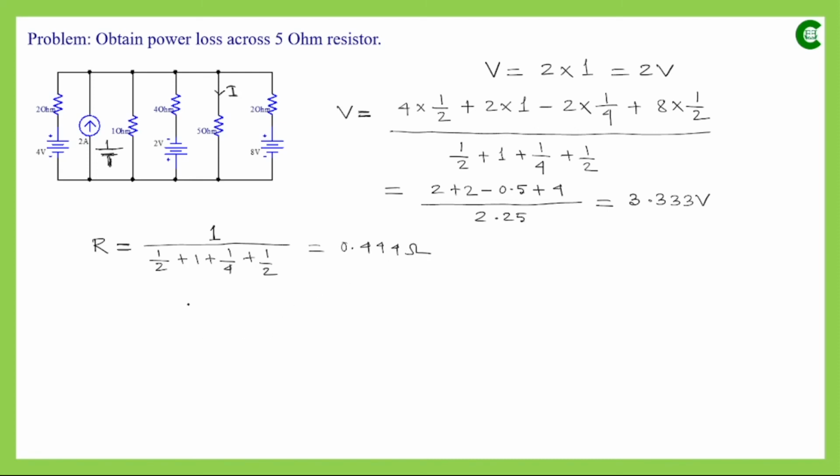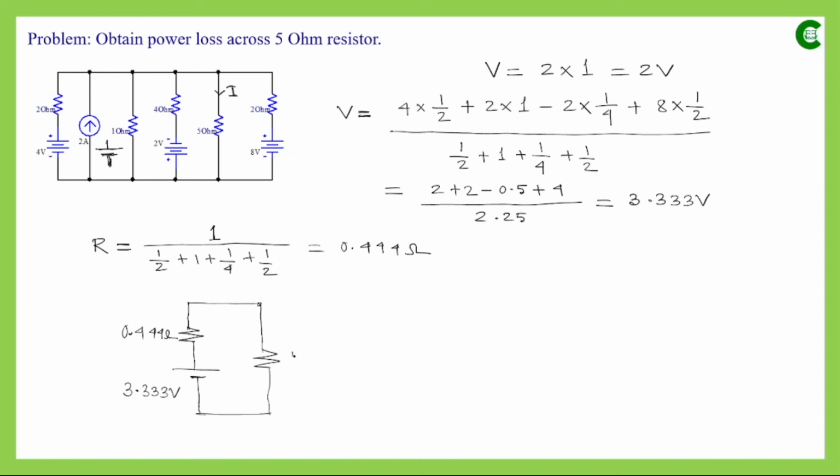That means in the final circuit we will have a voltage source and a resistor connected in series, and the value of this equivalent voltage source will be 3.333 volt, and the value of this equivalent resistor will be 0.444 ohm, and with that branch the load resistor will be connected back.